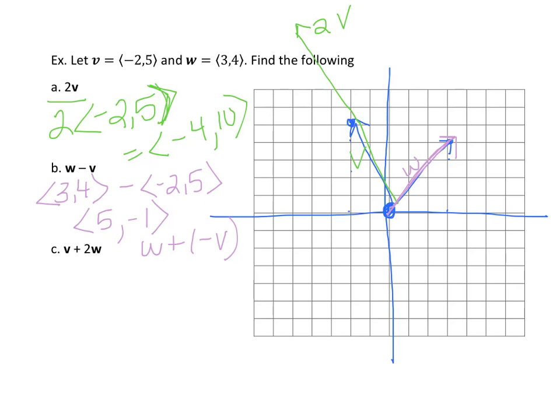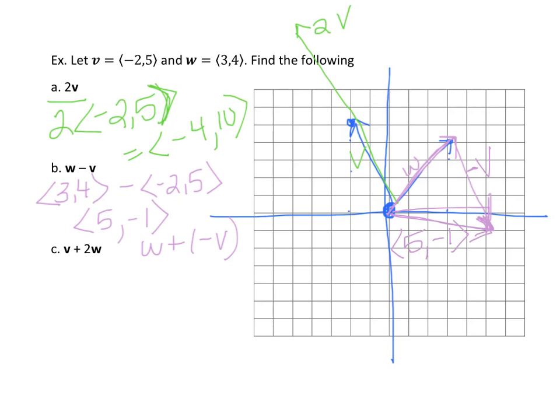So instead of going negative 2, 5, it's going to go down over 2, 3, 4, like this. So it's the exact same length, perfectly opposite direction, gives me this vector that I get right here. This is negative v, and I get this vector right here, which turns out to be 5, negative 1. Right 5, down 1.